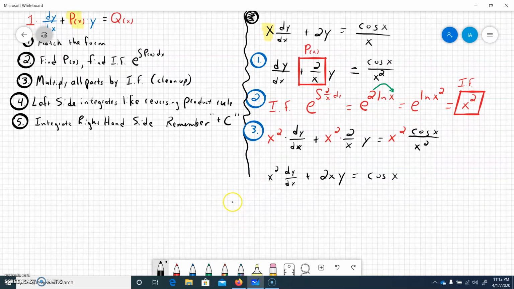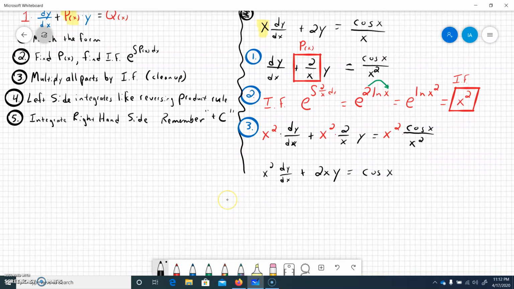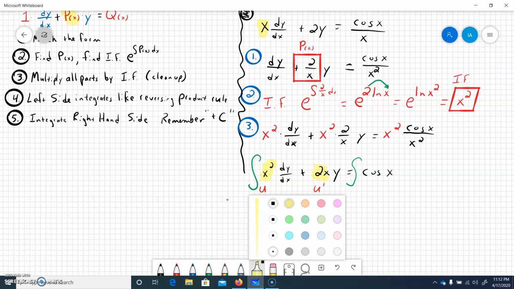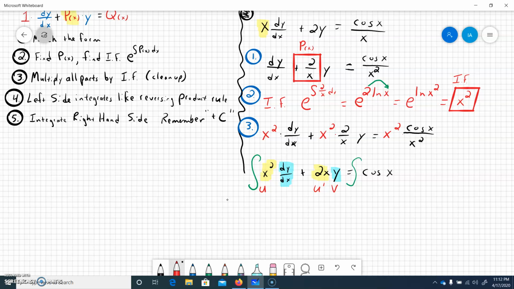So now let's actually try the integration. Okay. So now we're going to integrate the left, integrate the right. But as I said, this right here is a u prime, u being x squared, u prime being 2x, and then we can call the other one y being v, and dy dx being v prime.